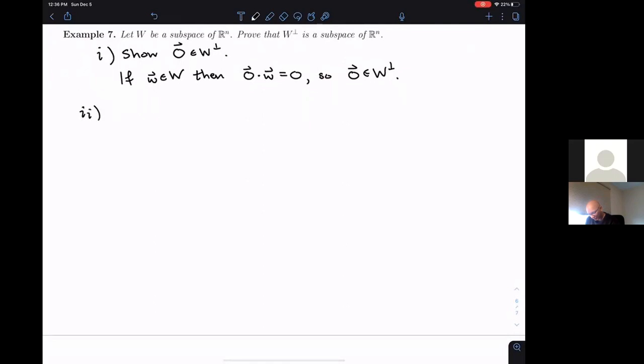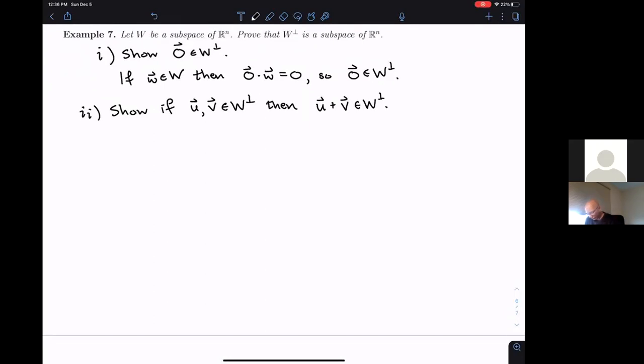Second, let's show that if, let's call them u and v, are in W perp, then their sum must also be in W perp.